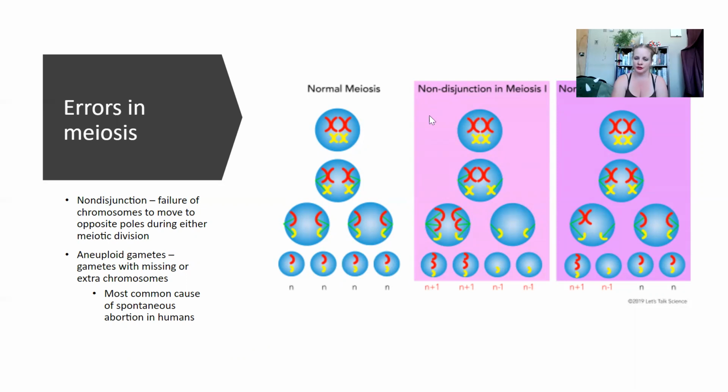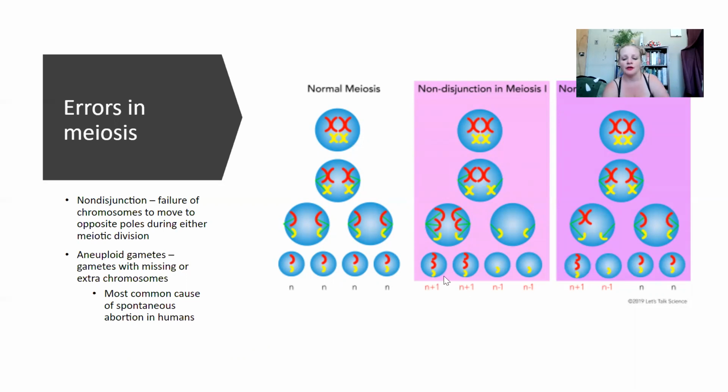If we have a non-disjunction event where we see the spindle fibers pull over both sets of homologous chromosomes, then our resulting cells are going to have either too many or too few chromosomes. If we see non-disjunction in meiosis 2, then 2 cells did it right, and then we have 1 cell that has too many and 1 cell that has too few. And so we can kind of track that.